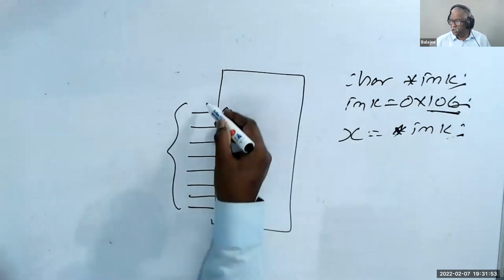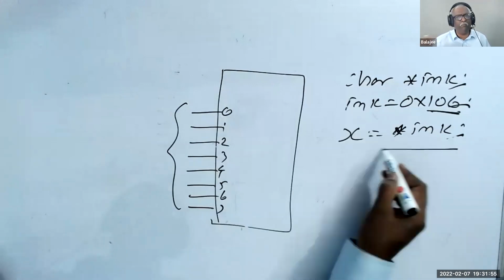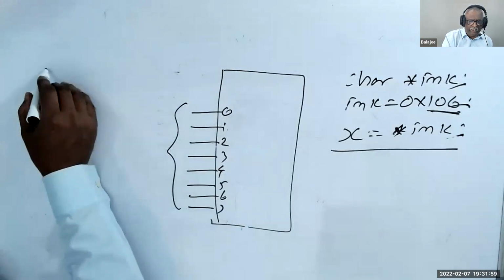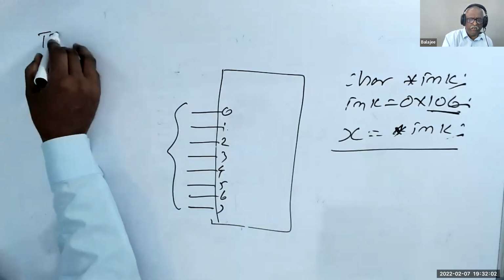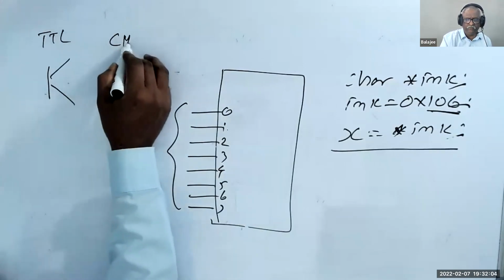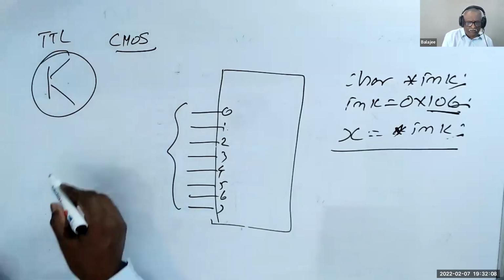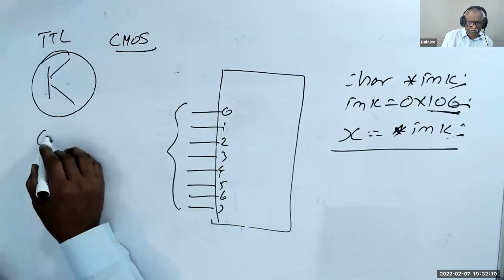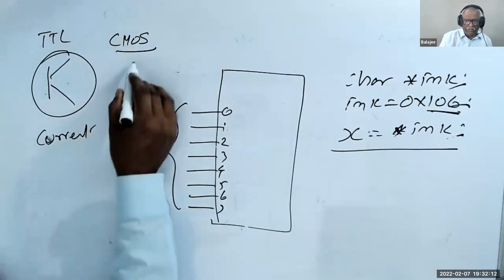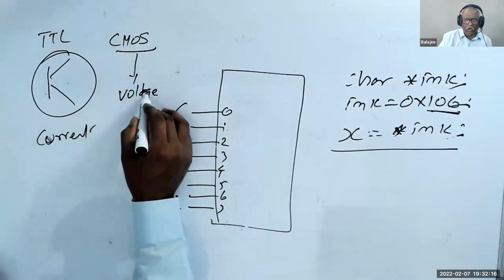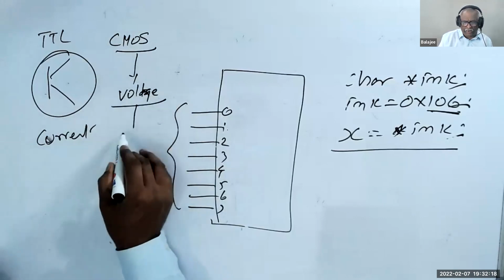Whatever the voltage will come to the pin. Here is a problem. We use 2 types of transistor. One is TTL, the other one is CMOS. The problem with TTL is that it is based on current, and CMOS is voltage based. Because of that, it operates on very low current.